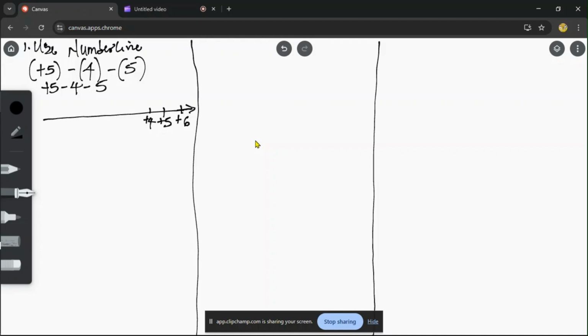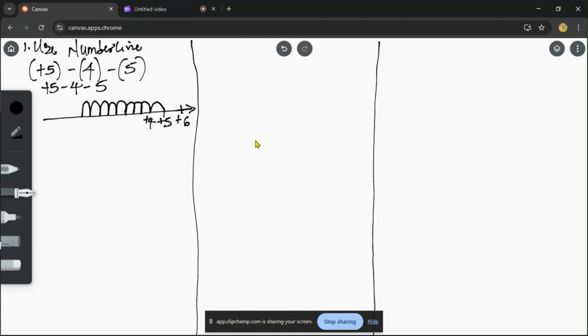If it is minus 4, it means I'll move from where plus 5 is, backward 4 steps. So we have 1, 2, 3, 4. So that is up to this one. Then minus 5, I still move towards my left 5 steps: 1, 2, 3, 4, 5.